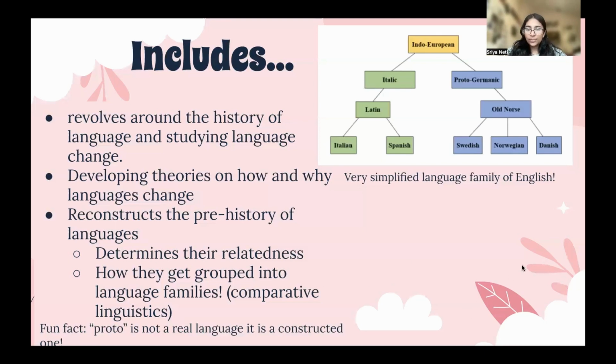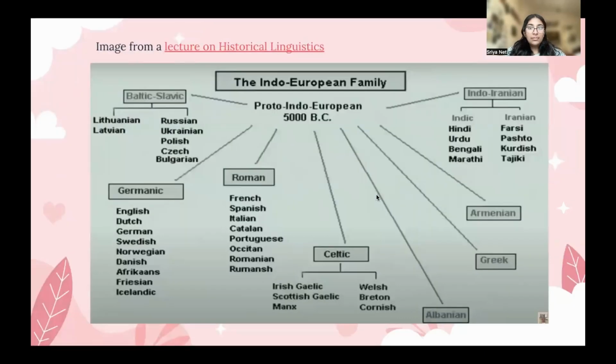So in the corner here, I have a really simplified version of the language family that English is actually a part of, but it's so simplified that English isn't even in this picture. And then the same language family, so this is the Indo-European language family. The same language family is this. This is the same Indo-European language family, but you can see that there's a lot more languages.